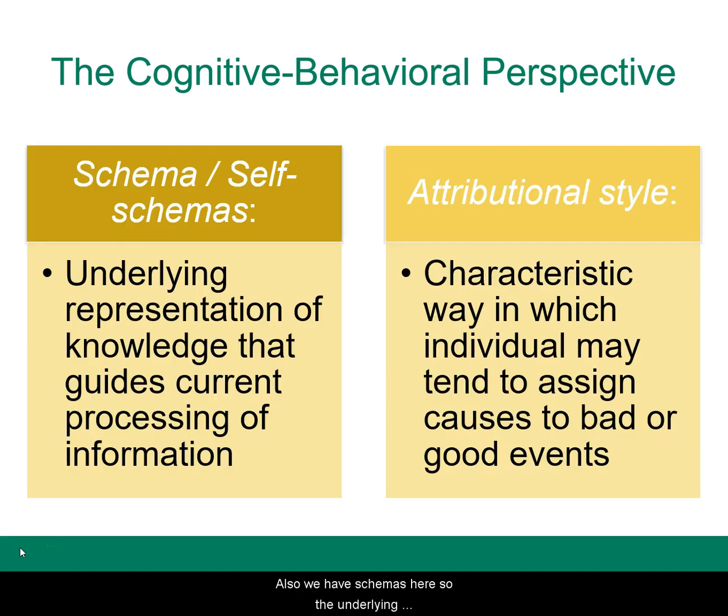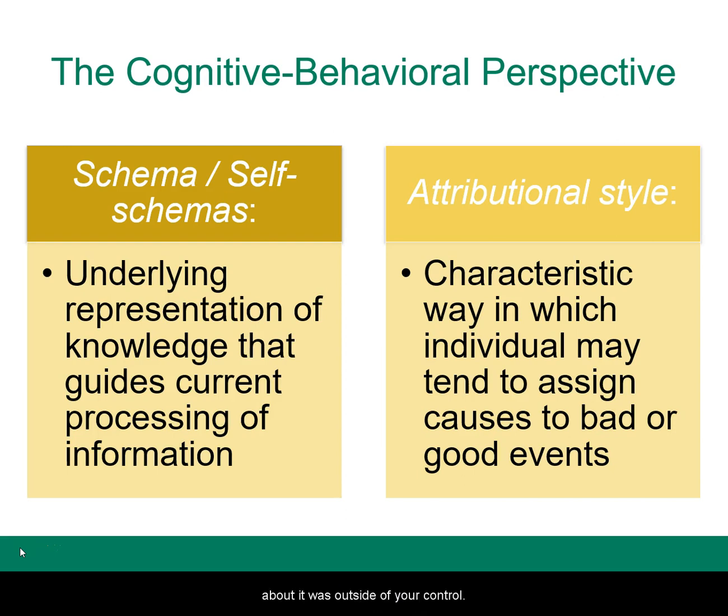Also, we have schemas here: the underlying representation of knowledge that guides current processing of information. Sometimes these self schemas can be very negative, right? Attributional style is the characteristic way in which an individual may tend to assign causes to bad or good events. This comes down to: this certain thing happened, but there was nothing you could do about it.